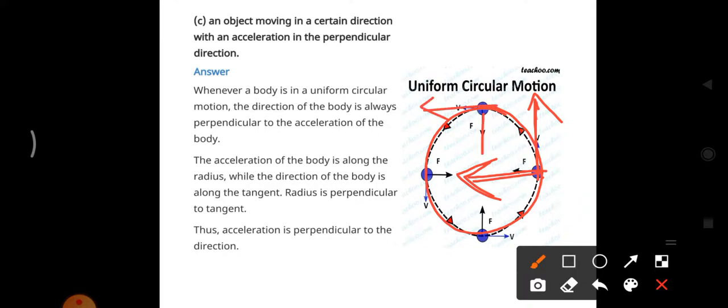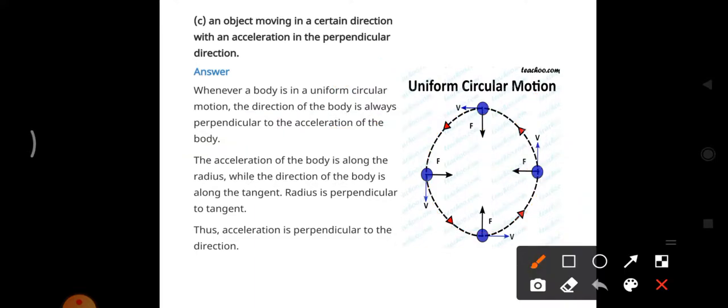The velocity and acceleration are perpendicular to each other. So whenever a body is in uniform circular motion, the direction of the body is always perpendicular to the acceleration of the body. The acceleration of the body is along the radius while the direction of the body is along the tangent. Radius is perpendicular to the tangent. So acceleration is perpendicular to the direction.